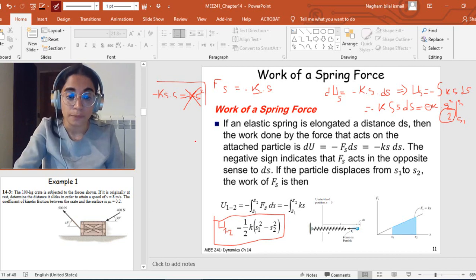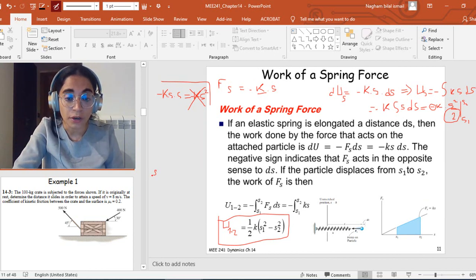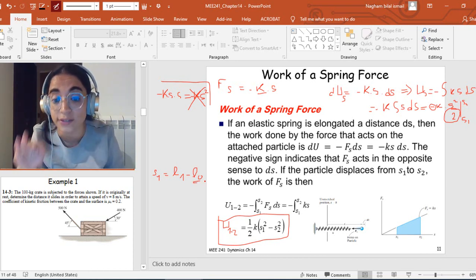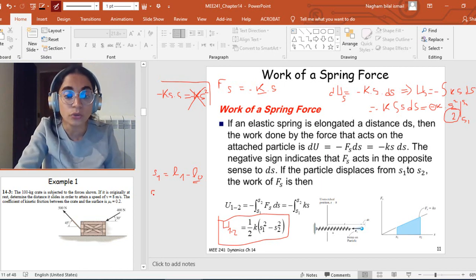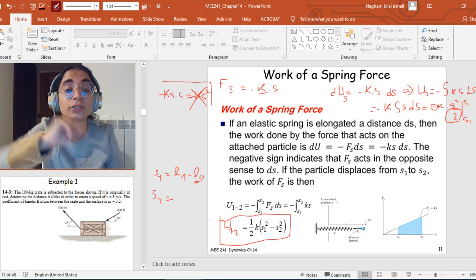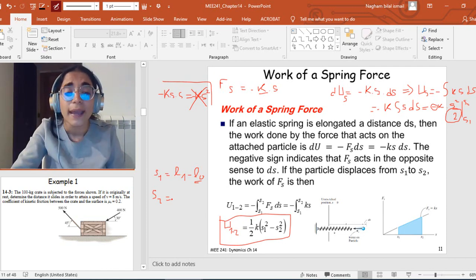Now, s1 is L1 minus L0. What is L0? L0 is the initial length where there are no forces on the spring. s2 is not L2 minus L1, never.